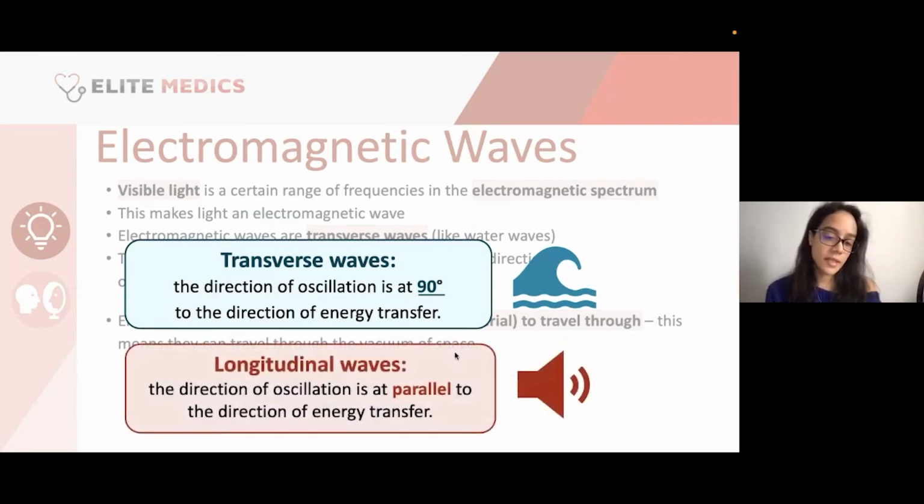The other type of wave, which is a little bit less relevant today, but we'll cover the two definitions anyway, is longitudinal waves. This is where the direction of oscillations or vibrations is parallel to the direction of energy transfer. So the vibrations of the wave are parallel to the direction in which the wave is traveling. But we're mainly going to be focusing on transverse waves today because electromagnetic waves are transverse waves.